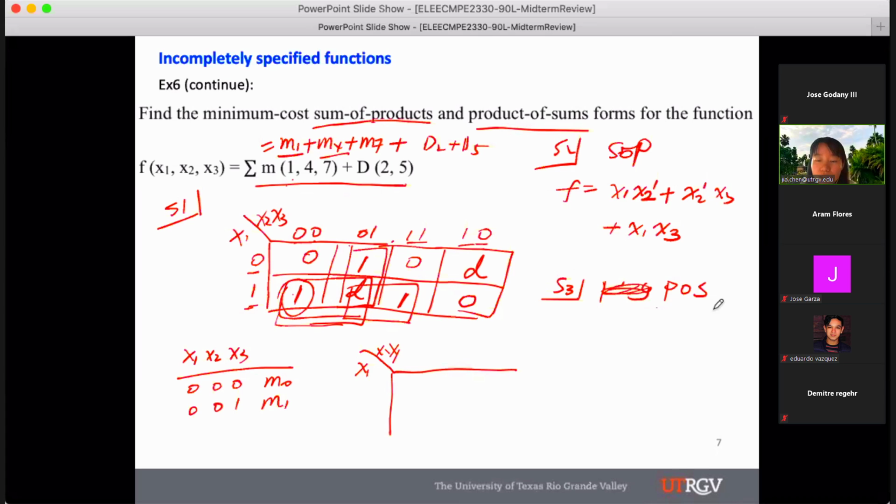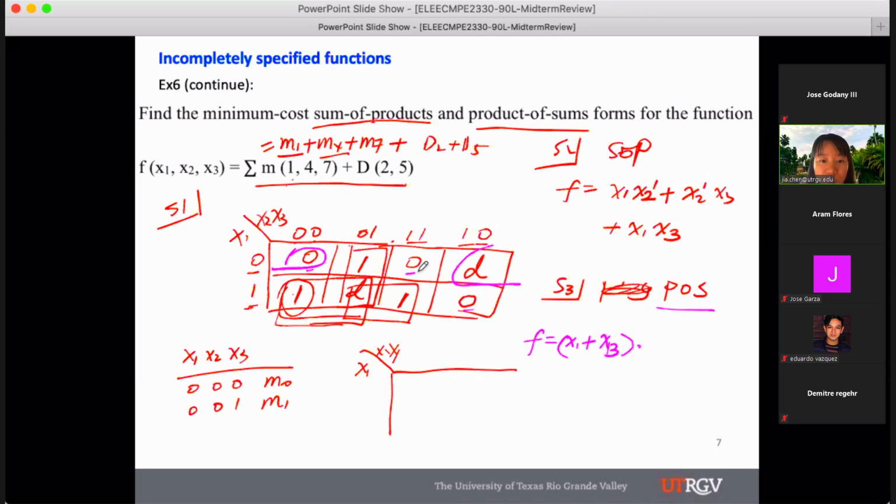Since we want to get POS, we have to circle the zeros, right? So you have this 0 and this 0. For this 0, I will circle it with this D, right? So that means F equals, X1 is 0, X3 is 0, so X1 plus X3. Okay, times.